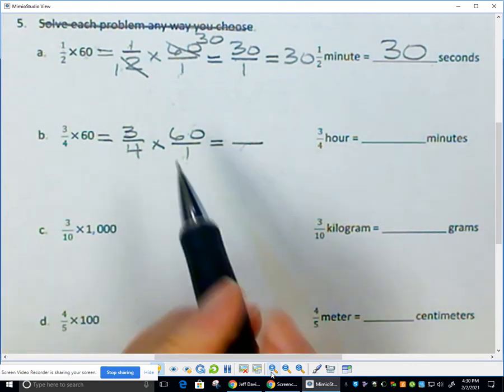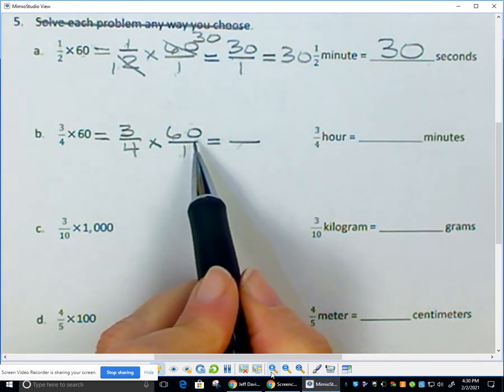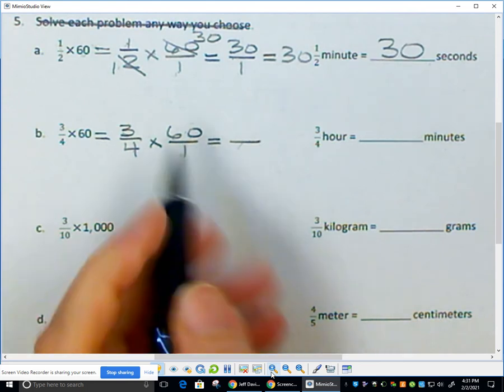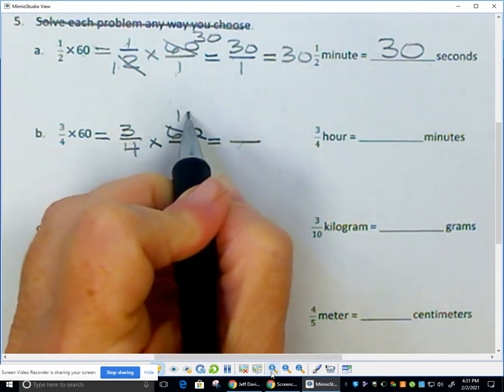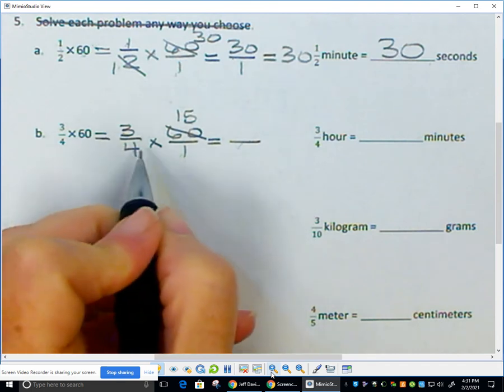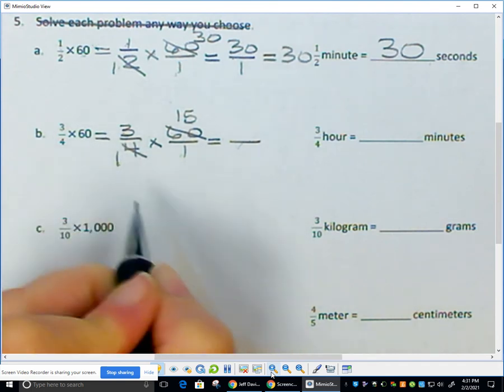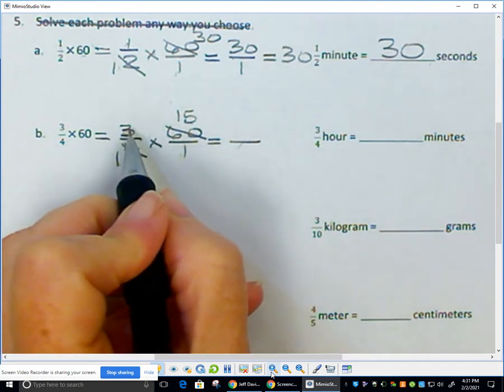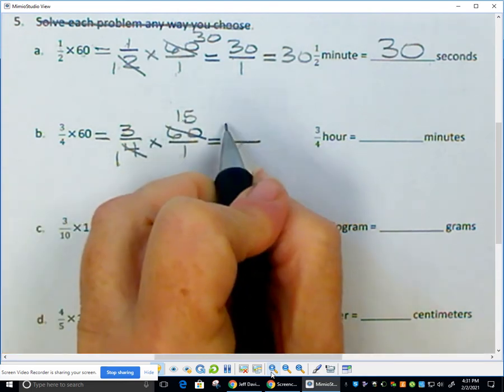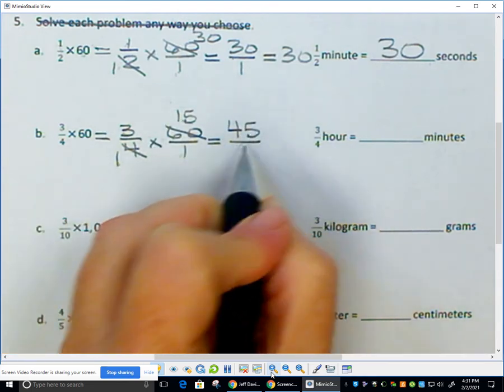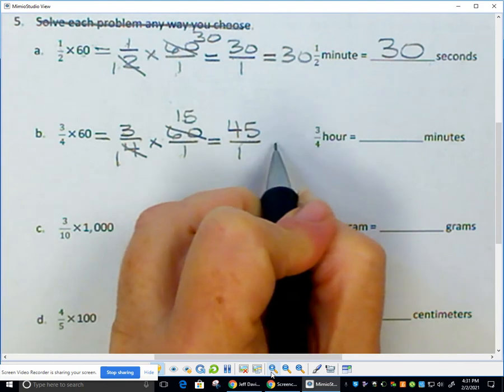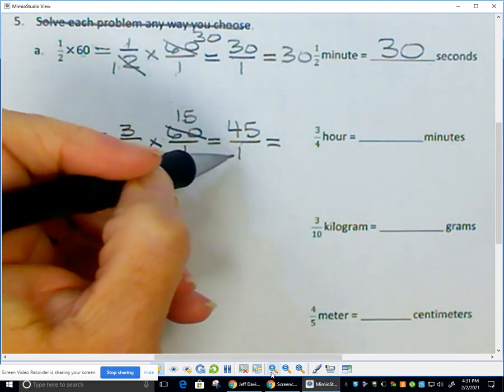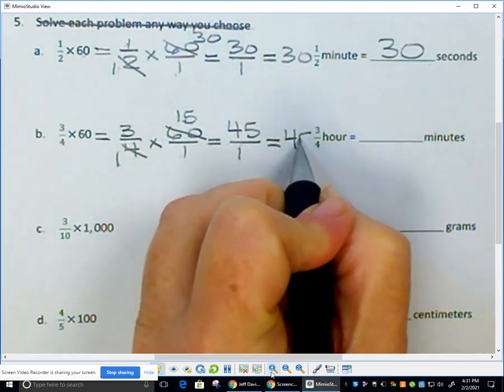If you didn't know that, you could go and divide it yourself. But 4 is going to go into 60 15 times. And 4 will go into itself 1 time. Come across, 3 times 15 is 45. And 1 times 1 is 1. And 45 divided by 1 equals 45.